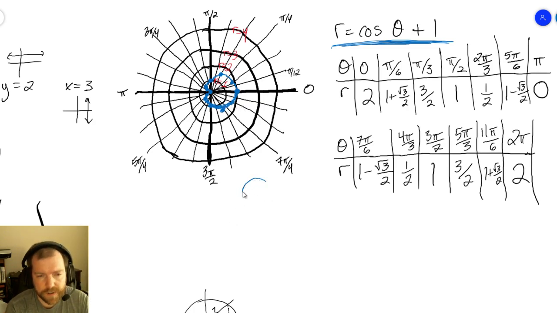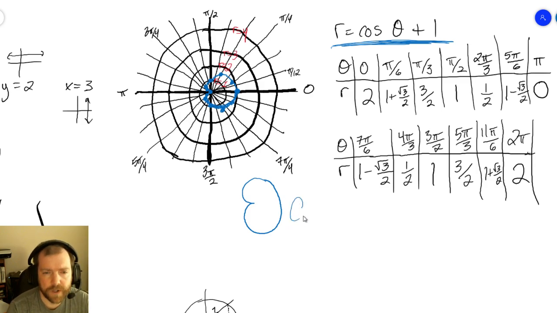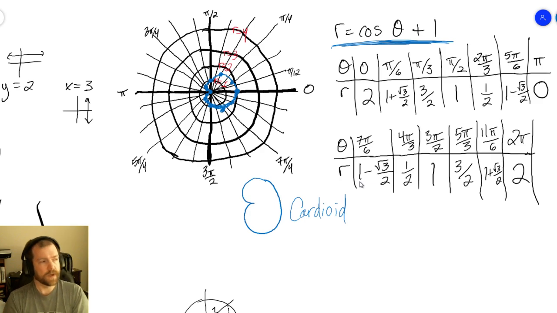All right, so this makes this nice sort of round shape, which then goes like that in the middle. This is what is called a cardioid, because it is more or less heart-shaped. Keeping in mind, this is not a very accurate picture.